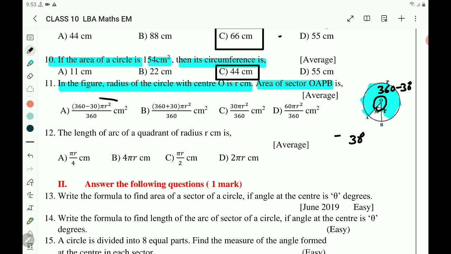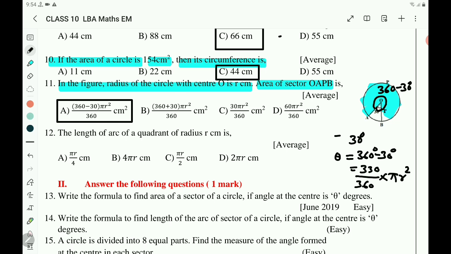So here option A is there. So for theta, you must take 360 degrees minus 30 degrees, which is 330 degrees. 330 degrees by 360 into pi r square, for the area of the bigger sector, the major sector. So which is the answer here? The answer is option A.